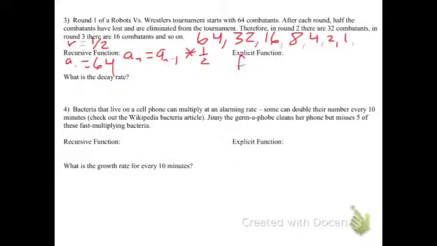The explicit function is going to follow the geometric explicit function pattern that you have in your notes there, and so write it out like that. The decay rate is the percent that you're losing between each iteration, between each number in the sequence. Well, we're losing half of them, so the decay rate is 50%.